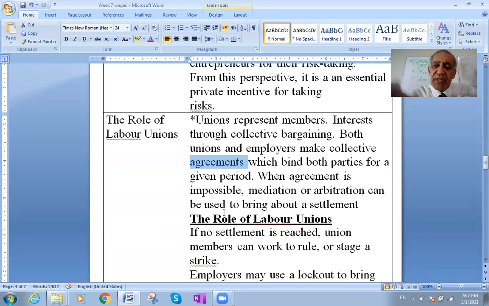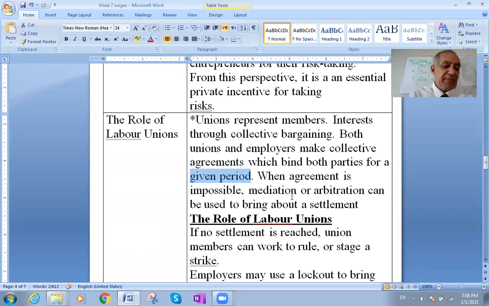It is in between the workers and the owner of the business. The union works between the workers on one side and the owner of the business on the other side, which binds both parties for a given period. When agreement is impossible, mediation means to put someone in to interfere and solve the problem.